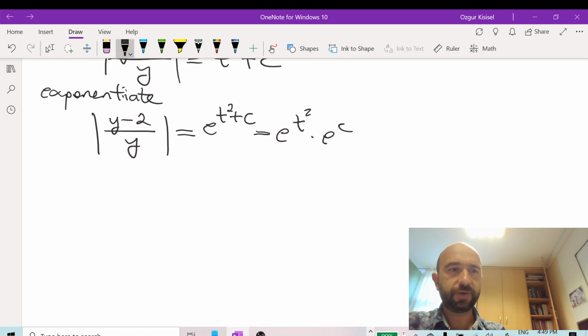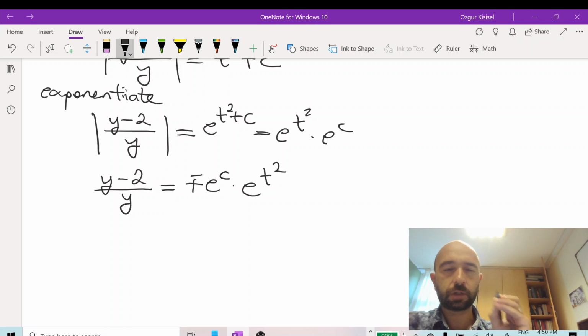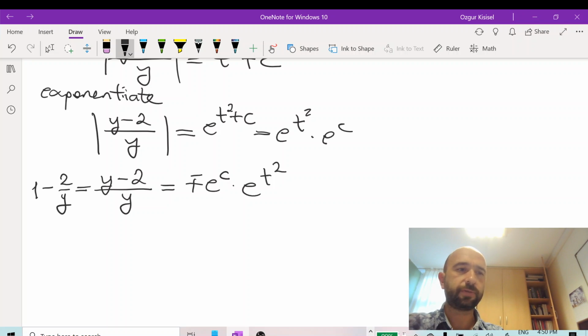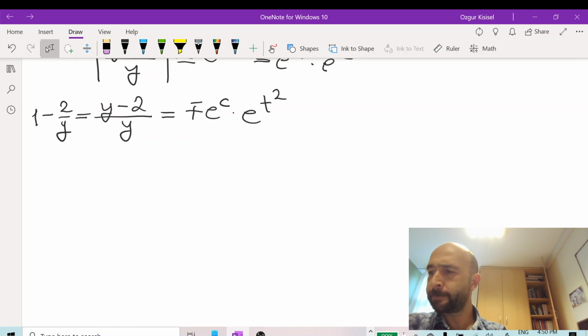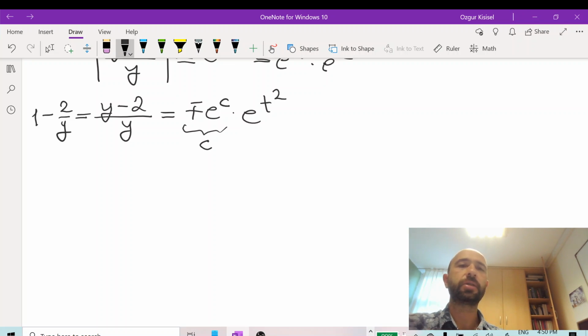If I remove the absolute value, it's going to be (y minus 2) over y equals either plus or minus e to the c times e to the t squared. Now this is equal to 1 minus 2 over y. So you probably see how I can solve for y from here. You could leave y alone. And there's also something here, plus or minus e to the c. That's complicated looking, but it's, again, a constant. Let me rename it as c.